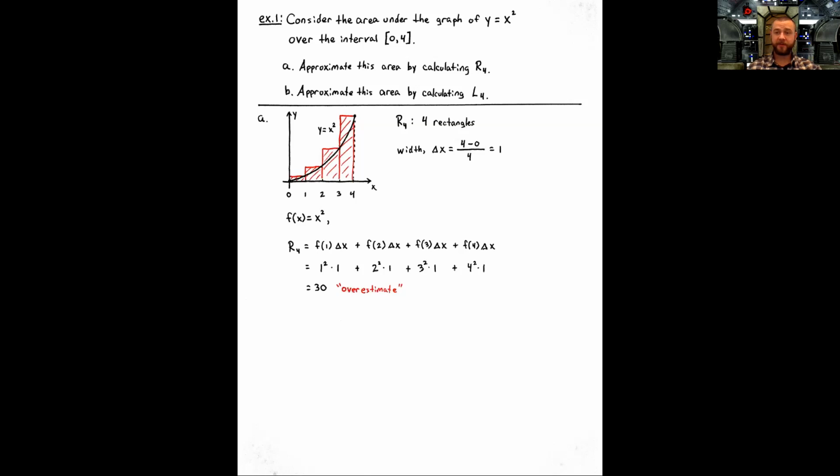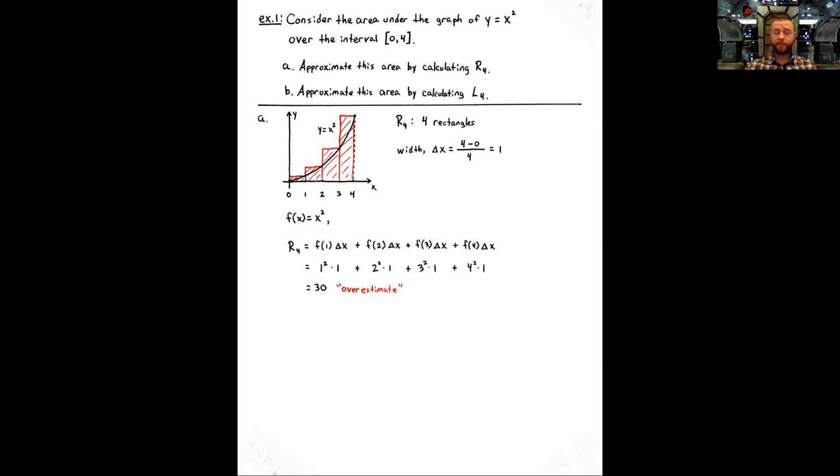The function f of x is x squared, so we square 1, 2, 3, and 4, multiply each of those by 1, and then add them up. Adding up is adding up all 4 of those rectangular areas. If you do that, this comes out to 30 units. From your sketch, you can see this is a little too big.